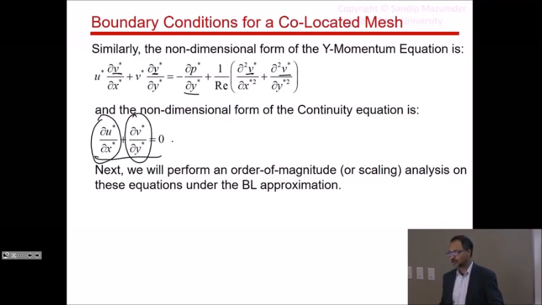For both of those terms to actually exist in that equation, they better be of the same order of magnitude. Otherwise, one cannot cancel the other, because clearly one has to be positive and the other negative for their net effect to cancel out and give you 0. If one is 1000 and the other is of the order of 1, they can never cancel out. So they better be of the same order of magnitude. That's the kind of argument we make in order of magnitude analysis.